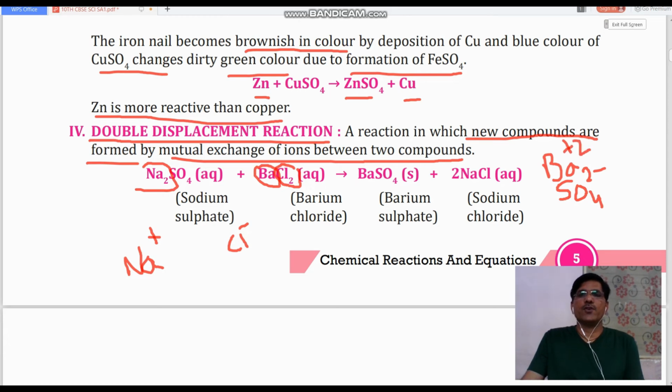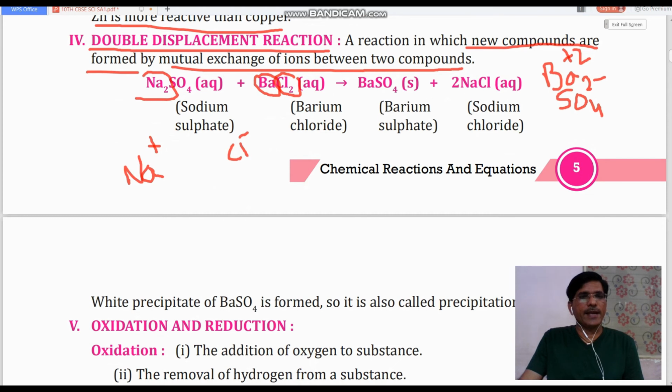Clear, everyone or not? Double displacement means new compounds are formed by mutual exchange of ions between two compounds.